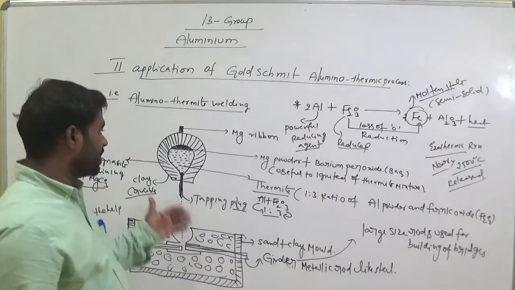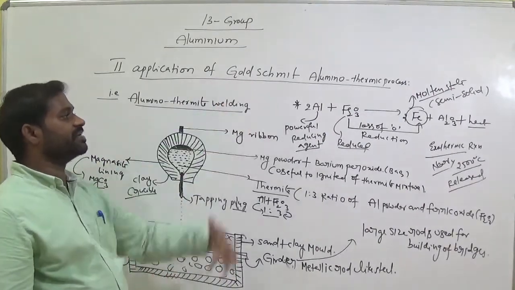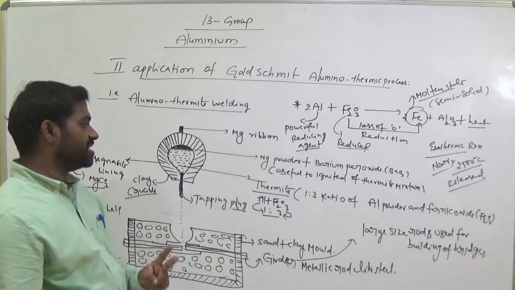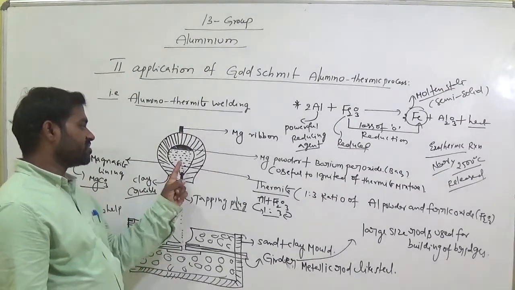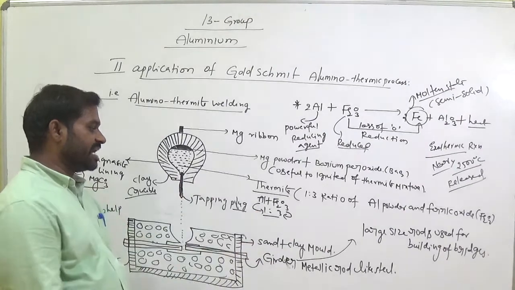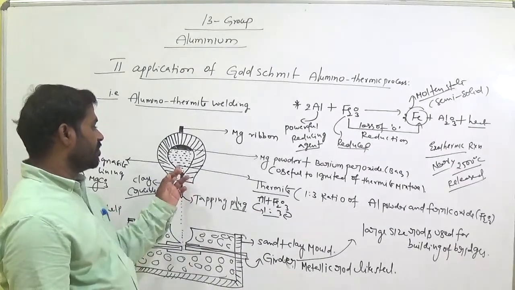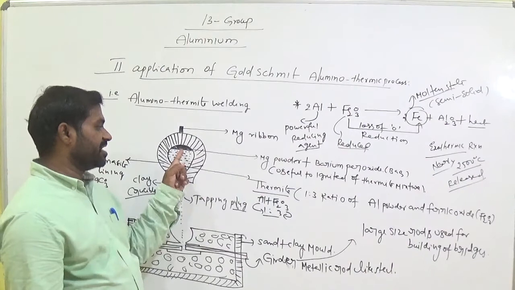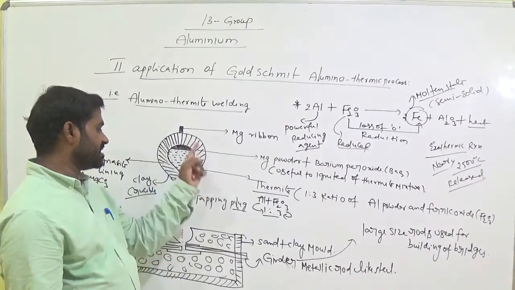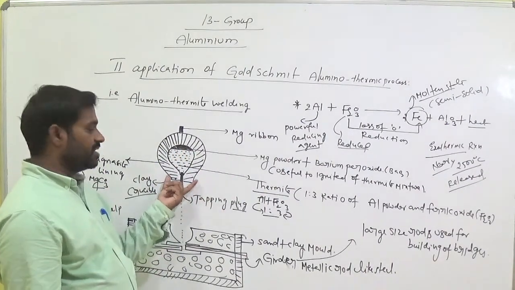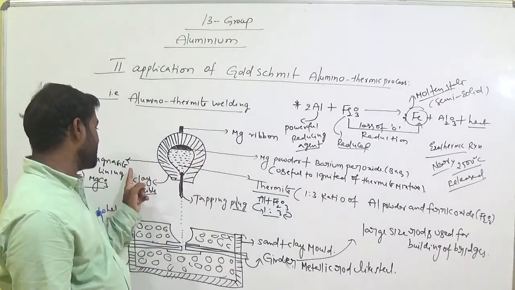For the welding process we use the Goldschmidt aluminium thermite process. There are two important points here. One is the thermite mixture, that is Al and Fe2O3, which we burn using magnesium powder and barium peroxide. This is a clay crucible lined with magnesite, magnesium carbonate.